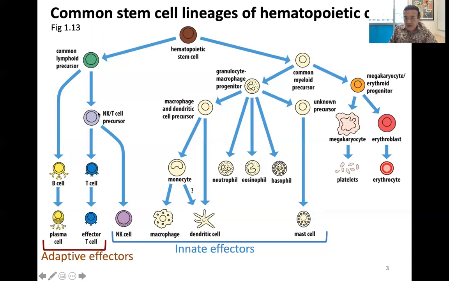And also how, as part of the evolutionary development of our adaptive immune system, that's where the NK cells came from. So NK cells actually function more like innate effectors because they go around looking for certain signals that they are pre-programmed to identify.